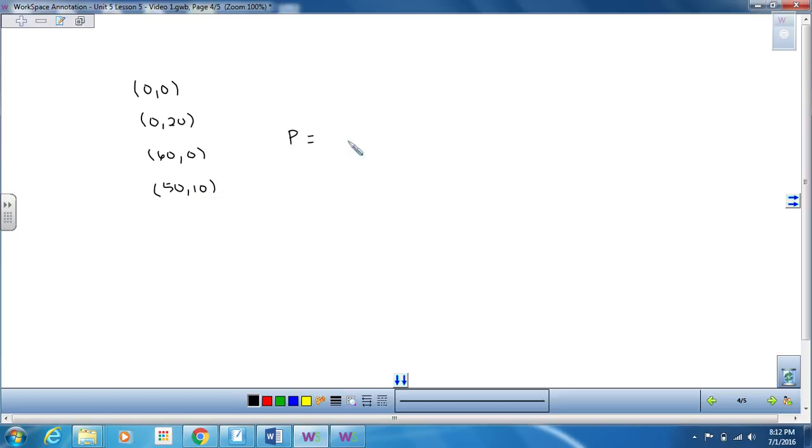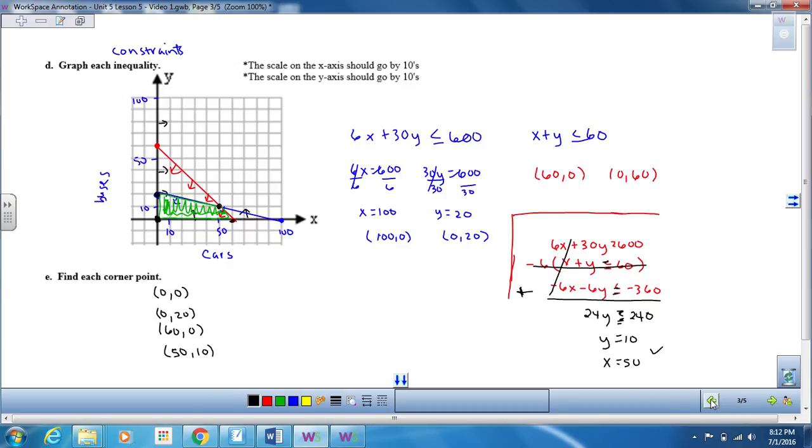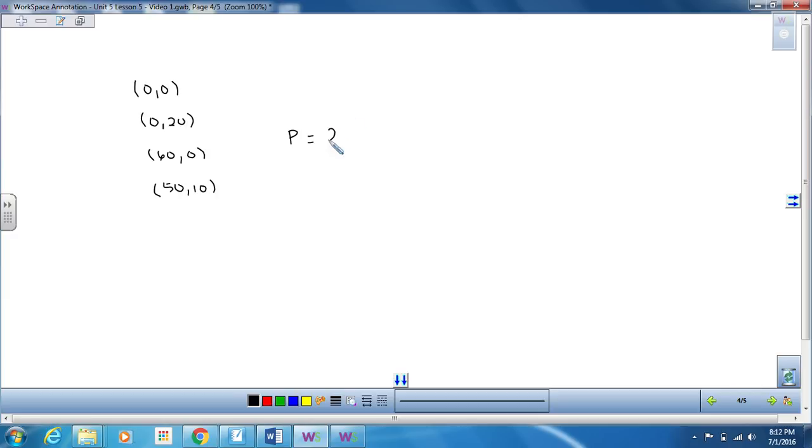So remember that profit equation was 250x plus 750y. Alright, so I'm plugging these in for the x and y. So obviously if I plug in 0, I get 0.